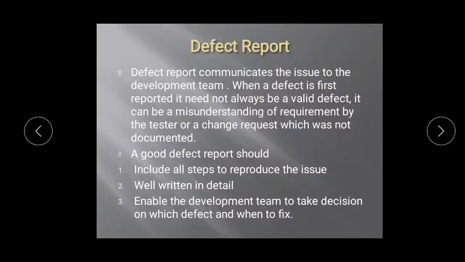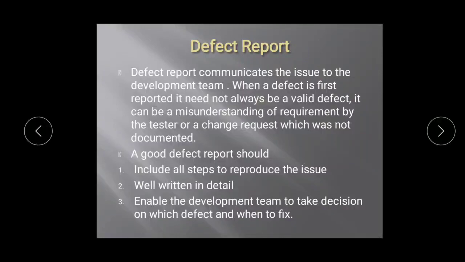Whatever the issue is, it should have proper documentation, well written in detail. It should be written in detail what issue is going on, and what defect is actually causing a problem or giving a faulty output. This enables the development team. We should inform the development team to take a decision on which defect to fix and when.